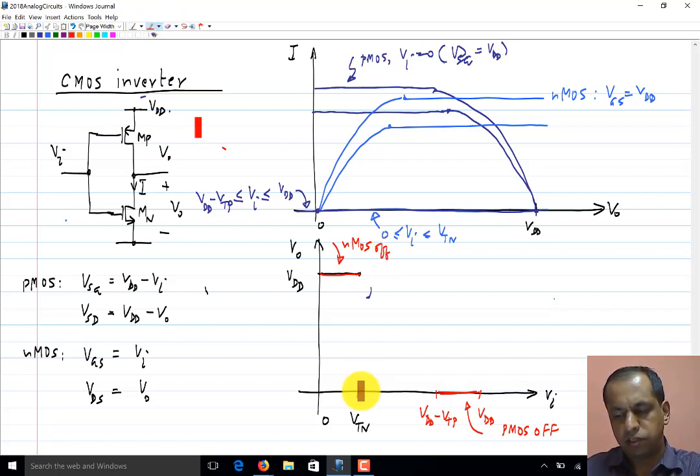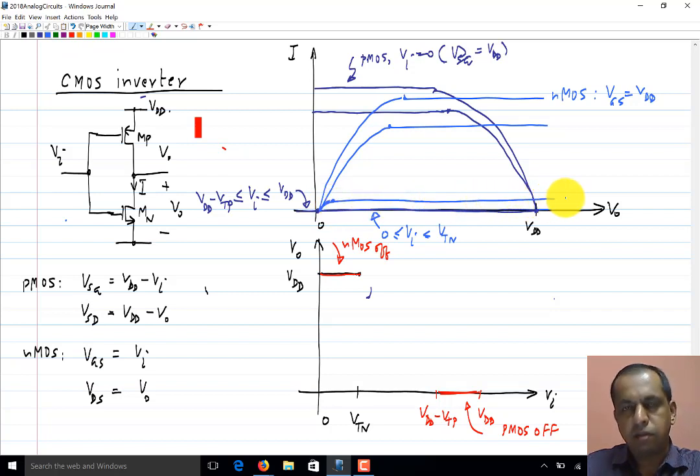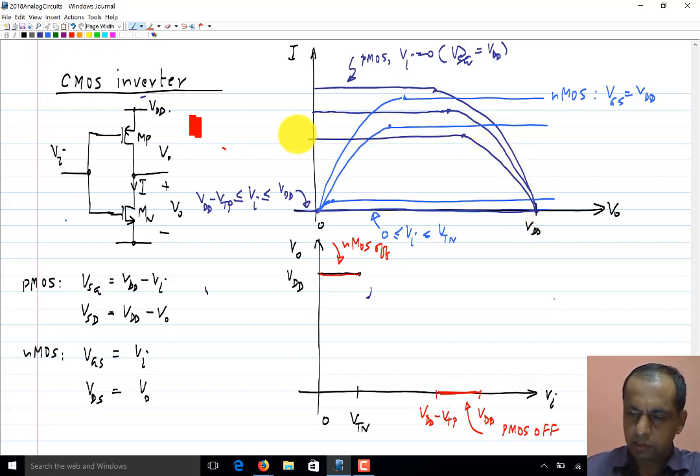Now let's look at this region when the input is slightly more than Vtn. As the input increases beyond the threshold voltage, the NMOS characteristic will be like this, with a small saturation current. By saturation current, I refer to this flat part of the current. And the PMOS characteristic will be something like this.